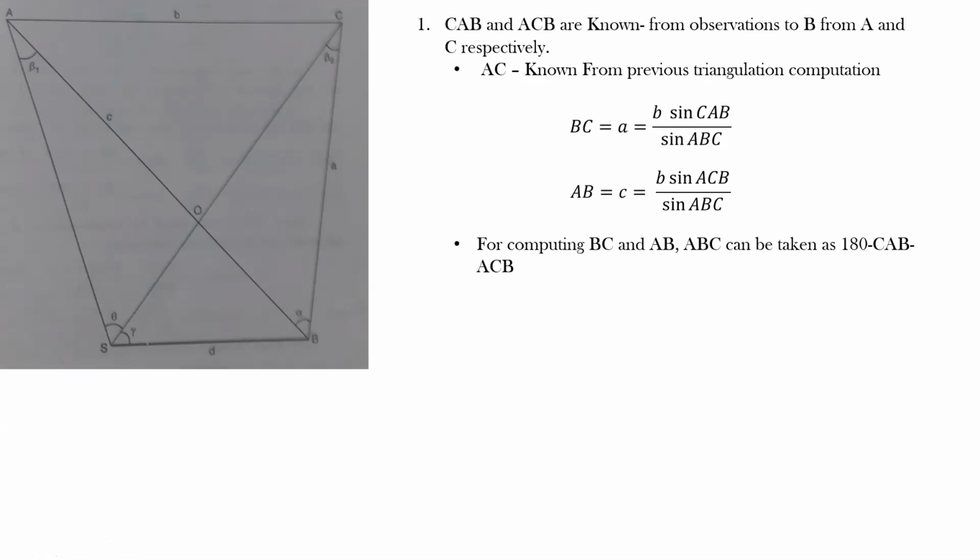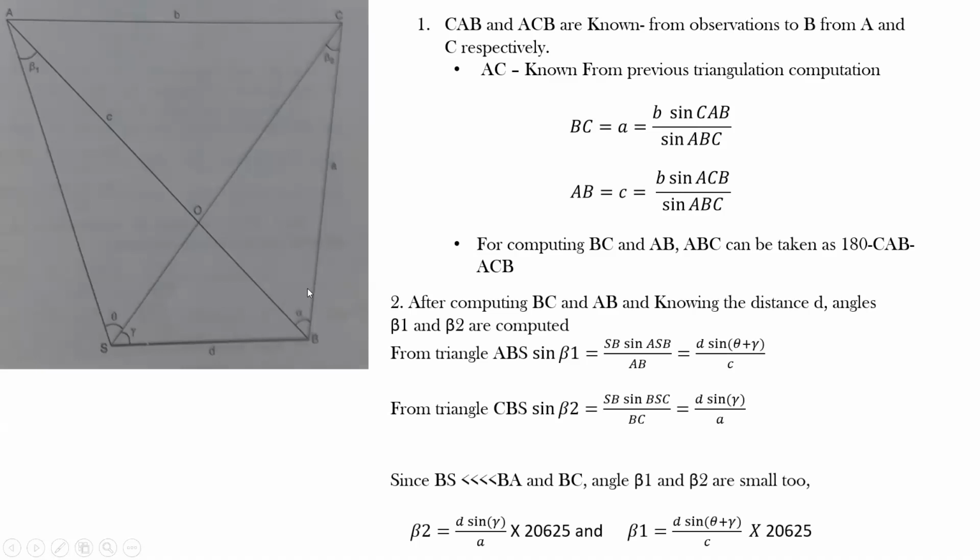For computation at this stage, we can assume that angle ABC will be equal to 180 minus CAB minus ACB. That is, only for this point we will be assuming it to be 180 minus CAB minus ACB. Now one may ask, why do all this jugglery when you can directly take it as 180 minus this?